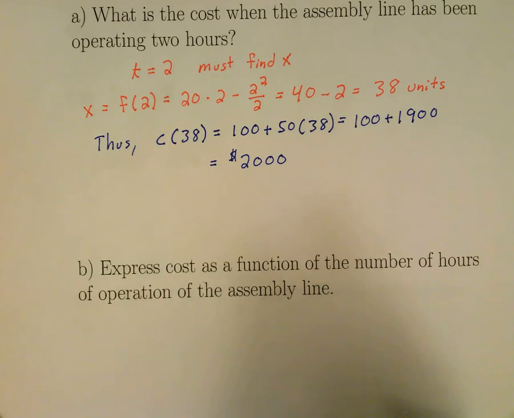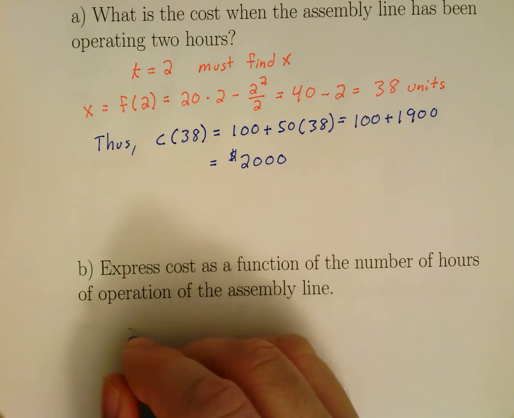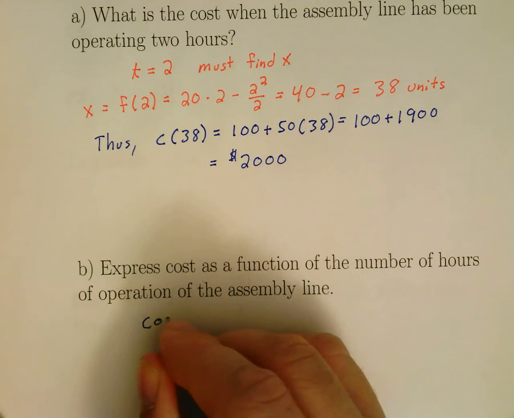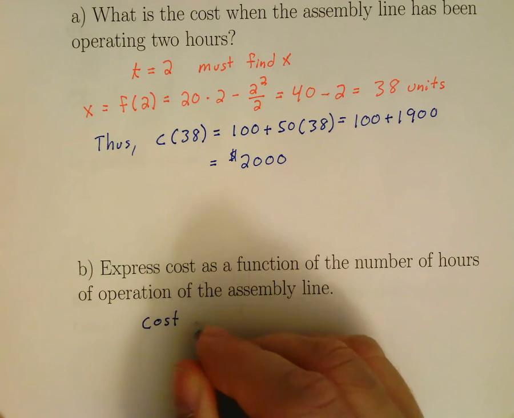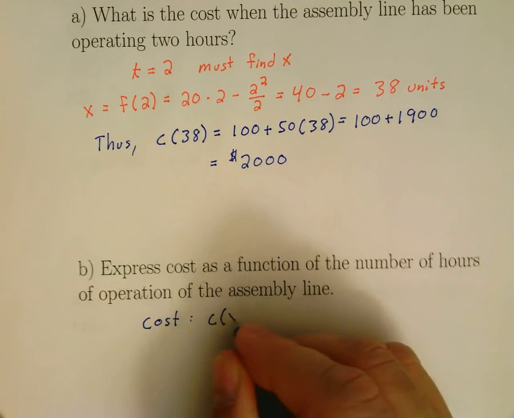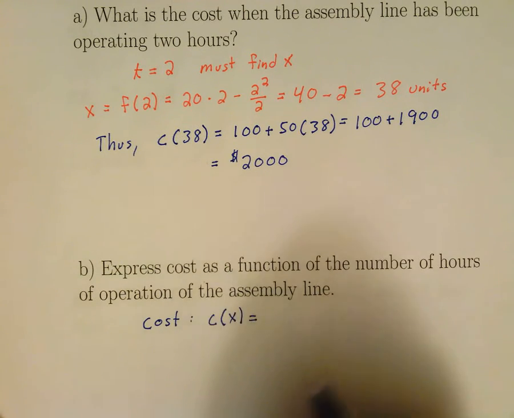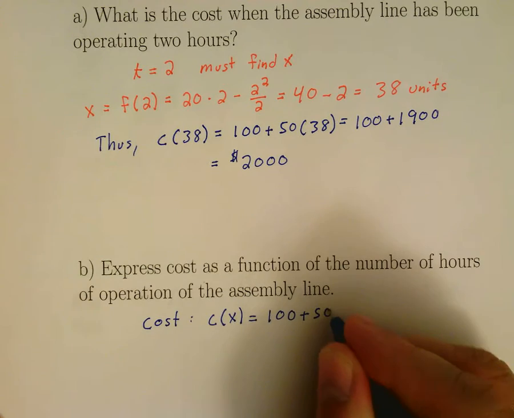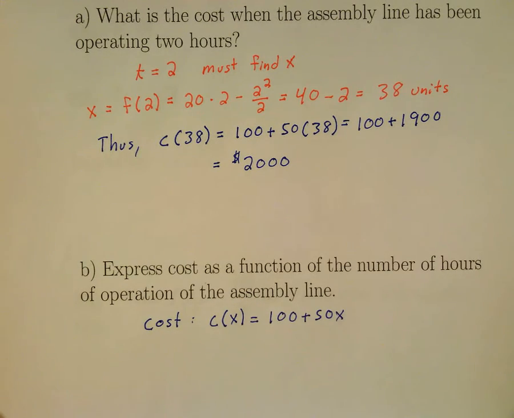So first, note that the cost is C(x), in terms of the number of products, which is equal to 100 plus 50x. That's how much money it costs.